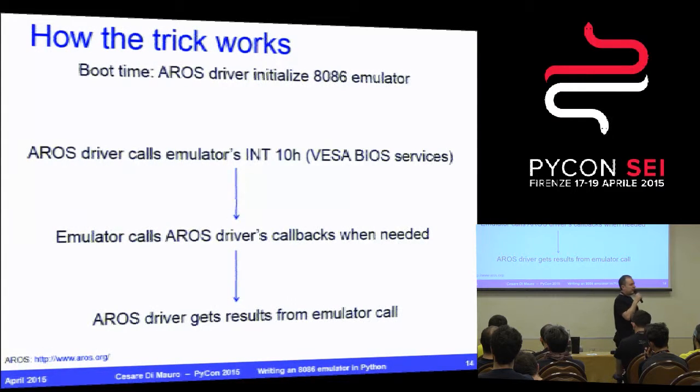Then the emulator executes the x86 code. It can also call some callbacks to signal to the host OS what's needed, if you need to disable interrupts, enable interrupts, or access port IO hardware. And at the end, when the emulator ends its job, the driver gets the results.